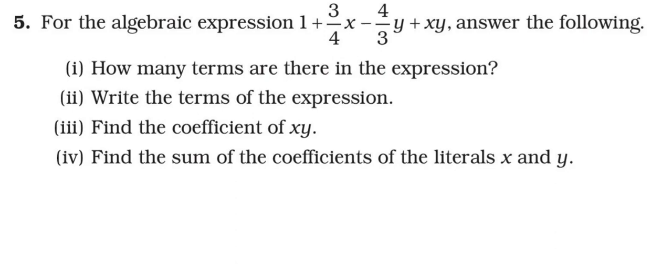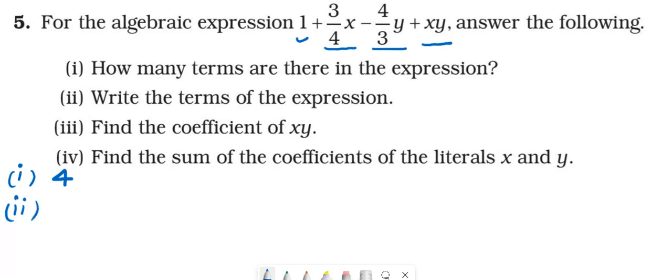Now beta, question number 5. Here the first part: how many terms are there in the expression? Beta, there are 4 terms: 1, 2, 3 and 4. Hence, it has 4 terms. Now the second part.